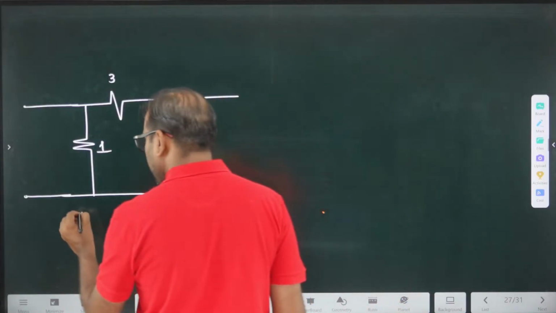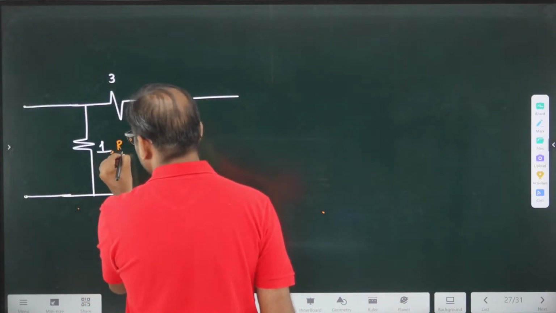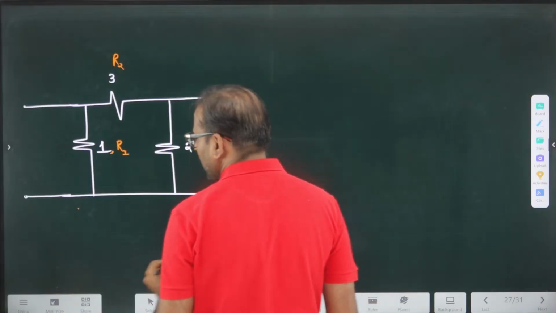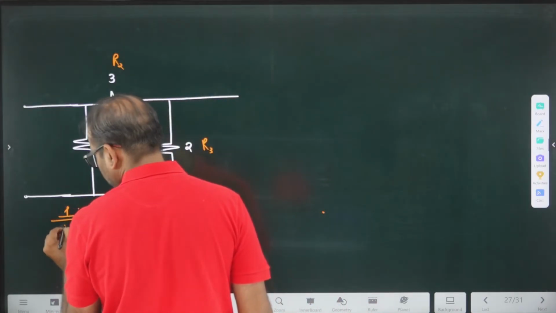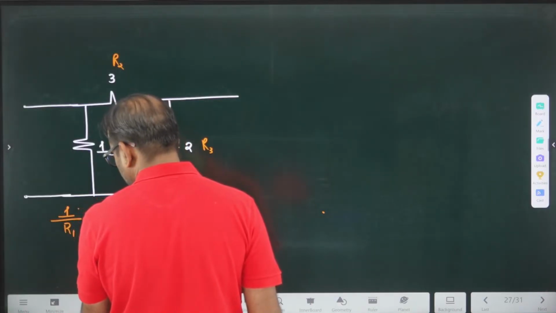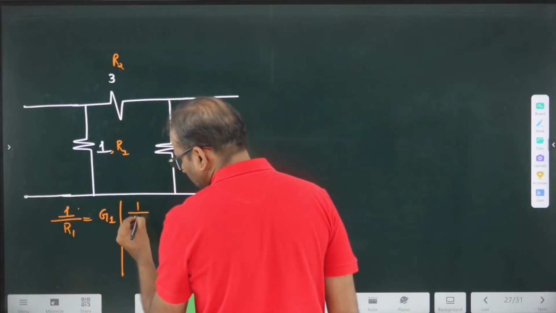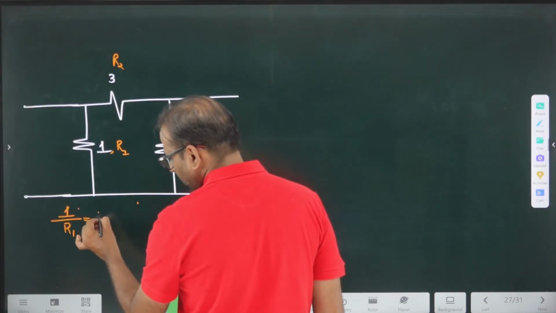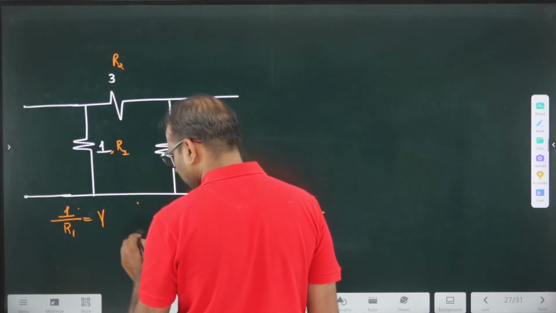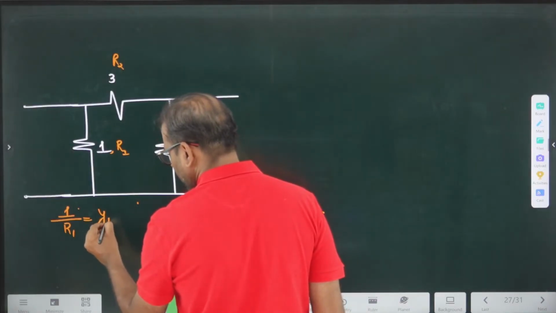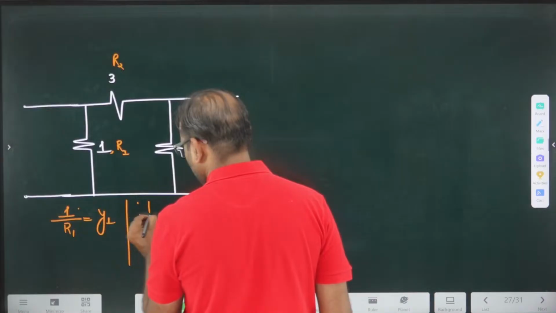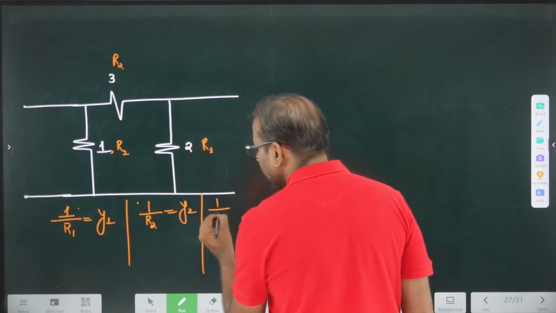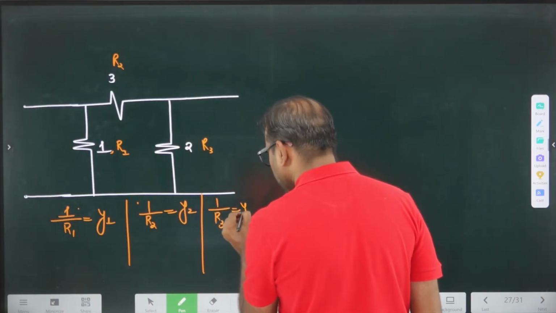So if this value is R1, this value is R2, and this value is R3, I am calling 1 divided by R1 as Y1, 1 divided by R2 as Y2, and 1 divided by R3 as Y3.